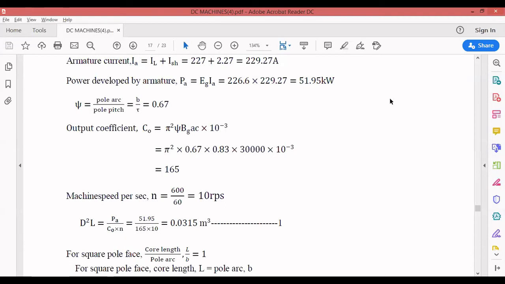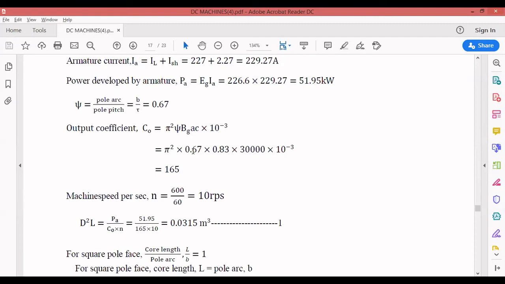Substitute for BAV. I repeat, BG is equal to BAV by psi, so BAV is BG into psi. So C naught is pi square psi into BG into AC into 10 power minus 3. I already discussed in the output equation that if it asks in terms of BG, it is pi square psi into BG into AC.